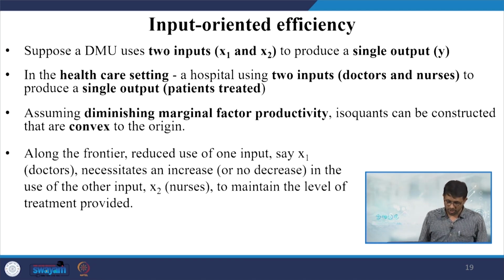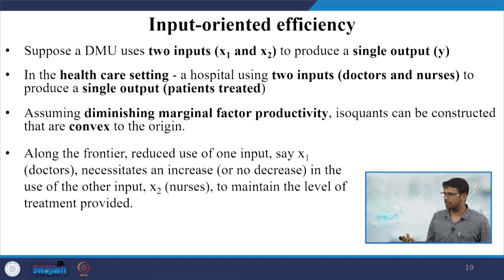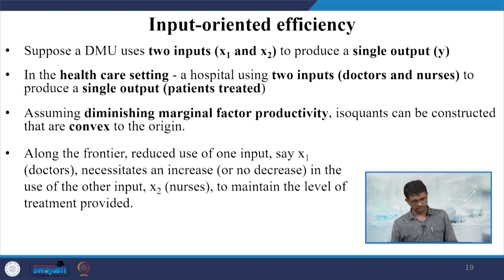Along the frontier, reducing the use of one input, say x1, doctors, necessitates an increase in the use of the other input, x2, nurses, to maintain the level of treatment provided. So if we reduce one, we may have to increase the other in order to achieve the target output y, that is, treatment.